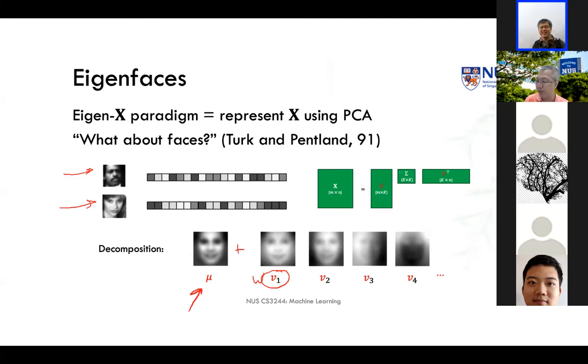If I'm allowed more than one dimension, more than one vector here, and then accordingly more than one singular value, let's say I get 2, then I will have another weight here, which would be on the U matrix, which would help tell me how much proportion of V1 and V2 I need to add together to get each of these faces again over here.